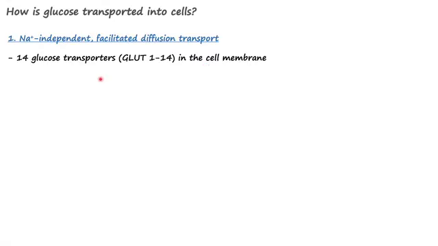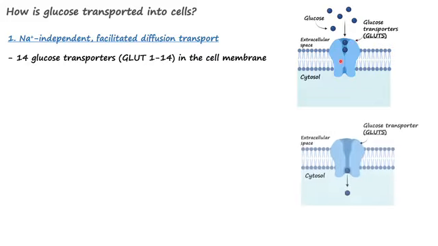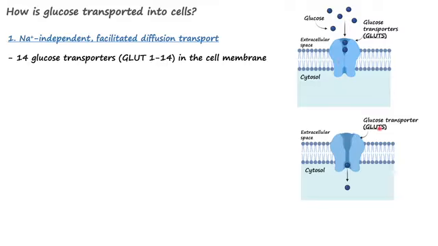There are 14 different glucose transporters in the cells, also called GLUTs, numbered 1 to 14. When glucose binds to these glucose transporters, it results in a conformational change in the transporter, which will eventually transport glucose molecules from the extracellular space into the cytosol.